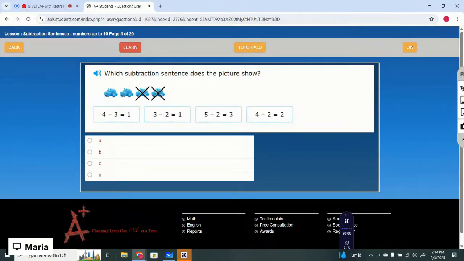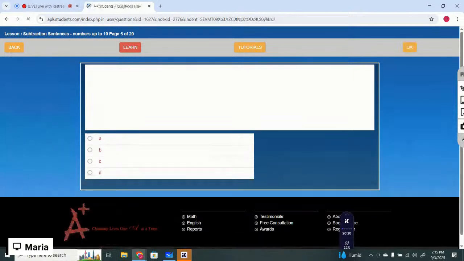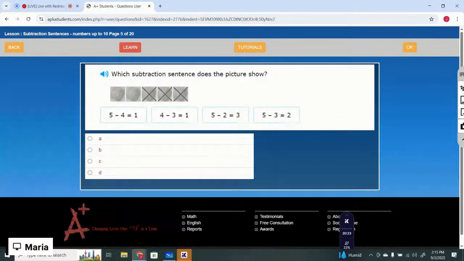Two of them are crossed out, and we are left with two. So option number D is the correct option. That is two. Which subtraction sentence does this picture show?